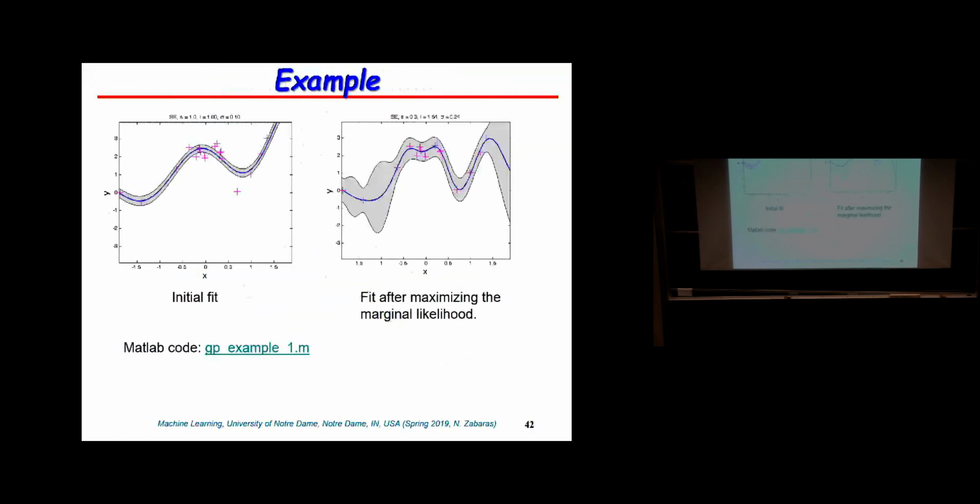This is another example, and it involves fitting a square exponential kernel. The stars that you see are the training data points. You start with some values of the parameters of the kernel, and then you do some optimization to maximize the marginal likelihood, the evidence.